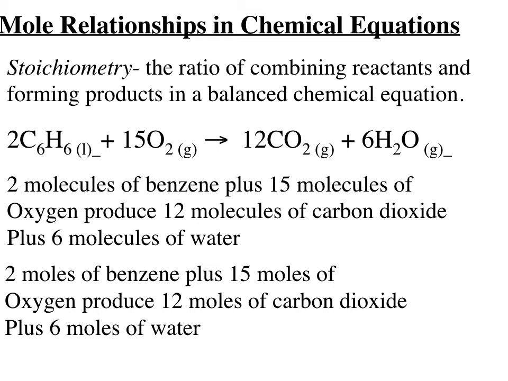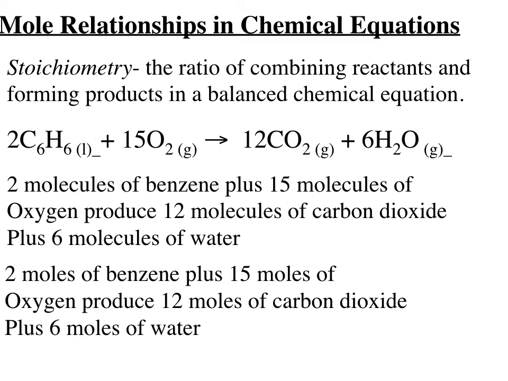So what I'm getting at is that 2 molecules of benzene must react with 15 molecules of O2 to give 12 molecules of CO2 plus 6 molecules of water. But for quantitative purposes, in terms of doing calculations involving how much of each species I should put in the pot and how much of each species I can remove from the pot, I'm going to use the bushel basket of chemistry.